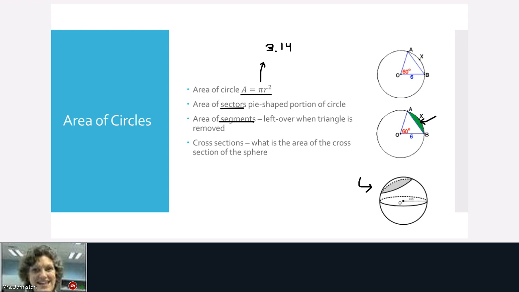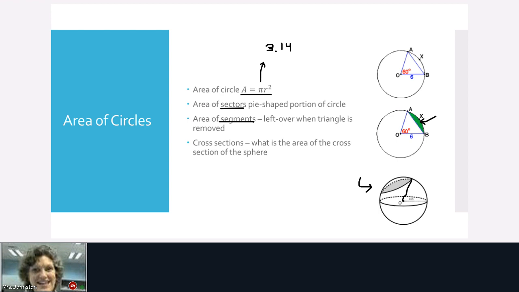Well, it depends on how far away it is, but we're only given one measurement, this 4-inch radius. But we know that the 4 inches extends to the end of this cross section on both sides.